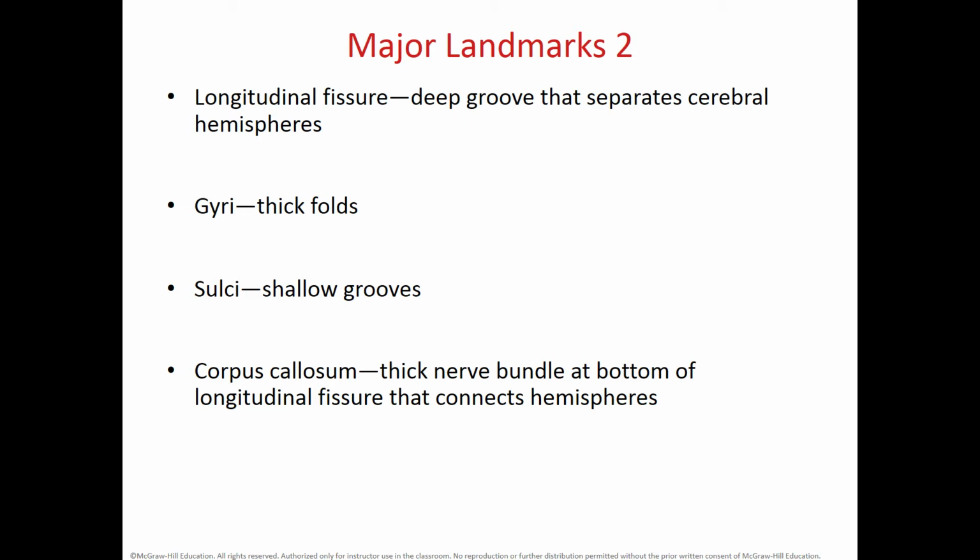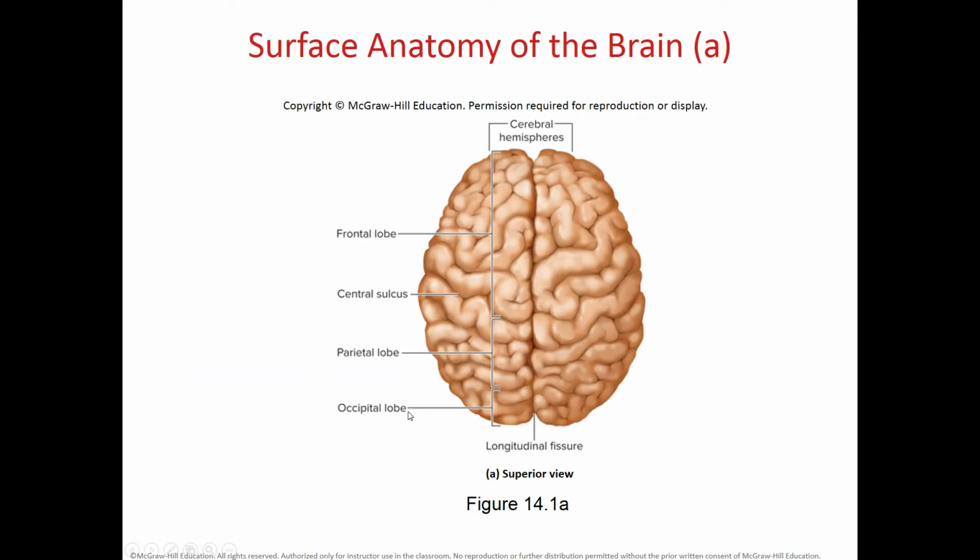The corpus callosum is a series of tracts or axons that connects the left and right hemispheres, located within the deep part of the longitudinal fissure.